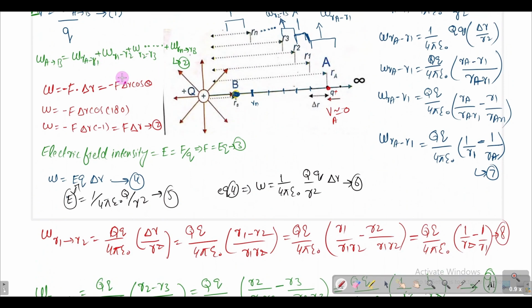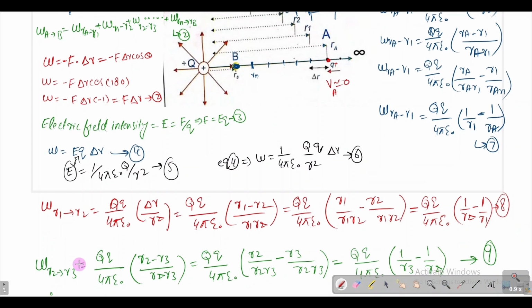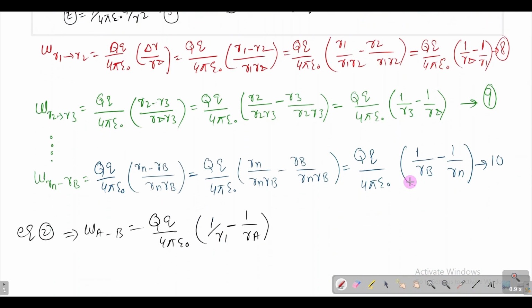Plus the work done from R1 to R2, which is given by equation 8. So we will add equation 8, whose value is Q by 4 pi epsilon naught, 1 over R2 minus 1 over R1.